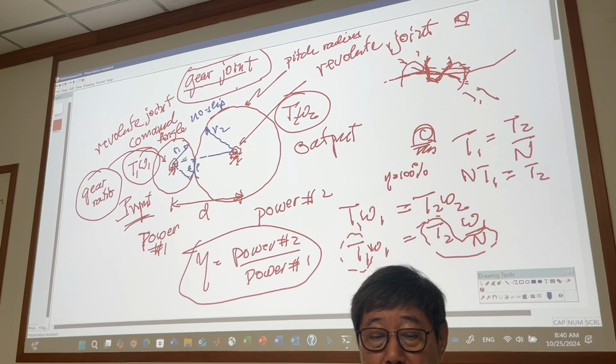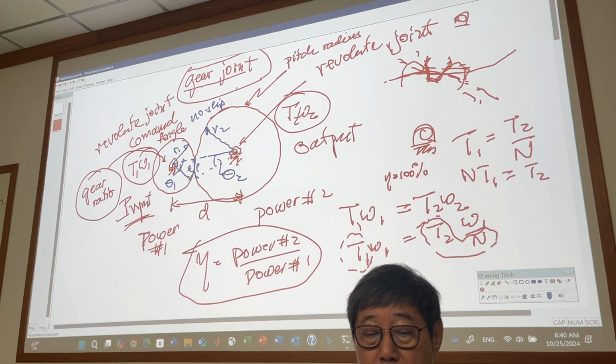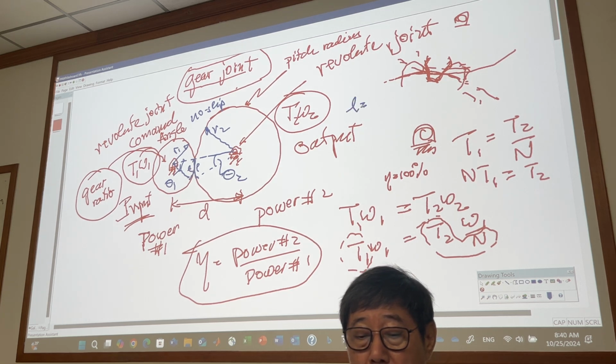This is theta 1, let's say, and this is theta 2. Look at this: both of them have to be equal. L equals R1 theta 1, which equals R2 theta 2.